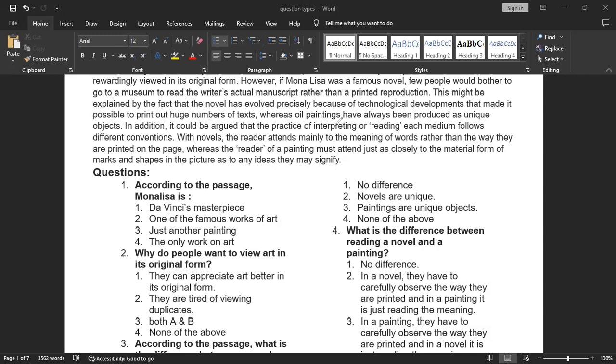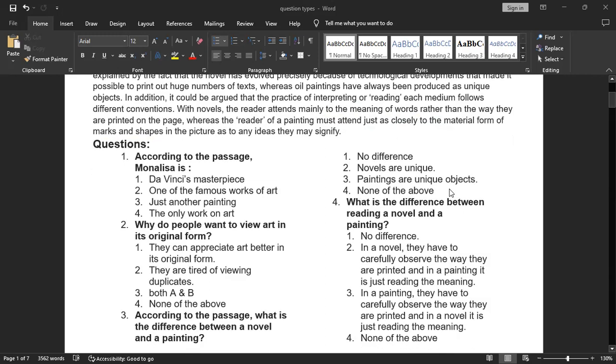One mainly focuses on the meaning of words, while the other gives importance to the material form, which is marks and shapes. So you need to find the difference now. Okay, paintings are unique objects.